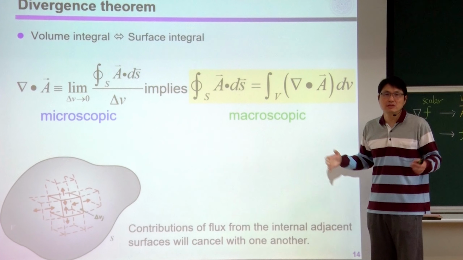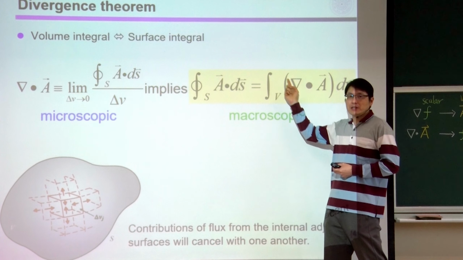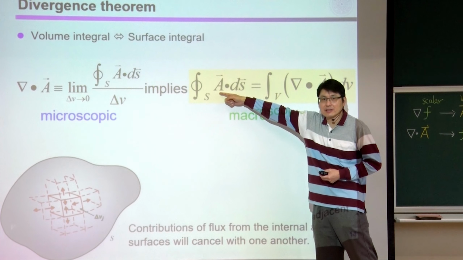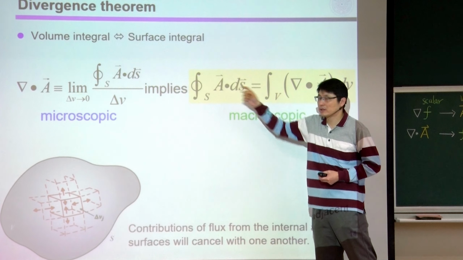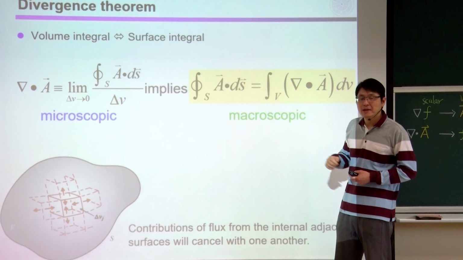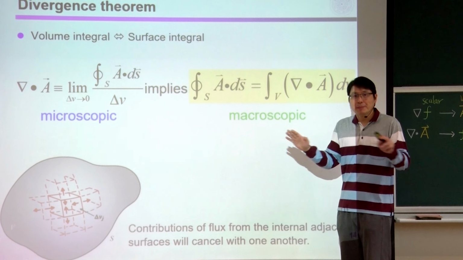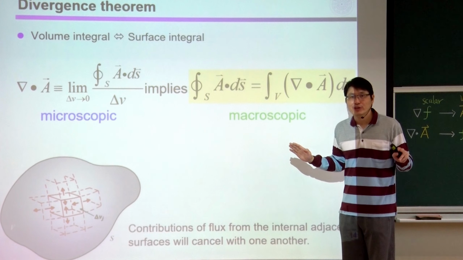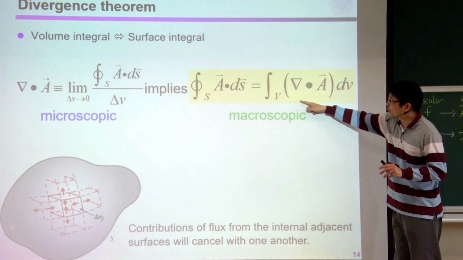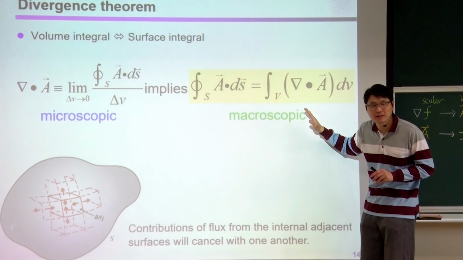Three-dimensional, x, y, z, is a volume integration. But take a look at the left-hand side of the equality sign. Divergence theorem is telling you you can be lazy. If you perform the direct volume integration, it takes a lot of work.